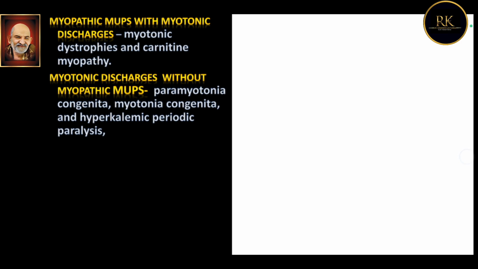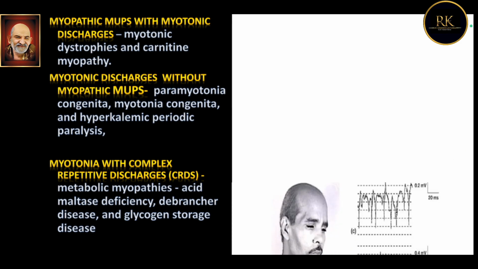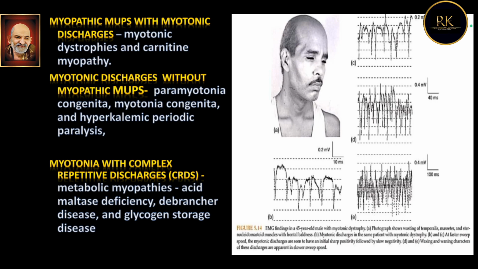If myotonia is associated with complex repetitive discharges, the causes include metabolic myopathies like acid maltase deficiency, debrancher deficiency, and glycogen storage diseases. This is the EMG in a patient with myotonic dystrophy. Here B shows myotonic discharges, with initial sharp positive waves followed by slow negatives.